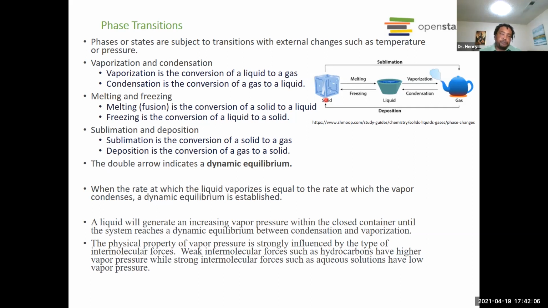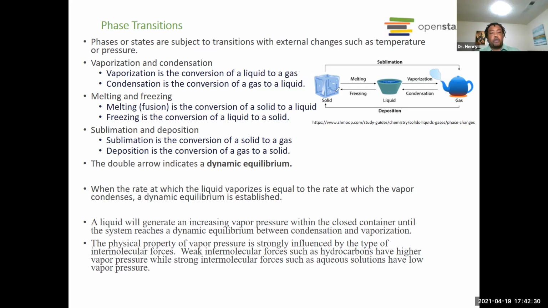Now, the fact that it goes in both directions, right? So like here, you have the arrow going in one direction and also going in the other direction. These arrows represent what we call dynamic equilibrium. Basically meaning that you could have both of these phases existing at the same time.